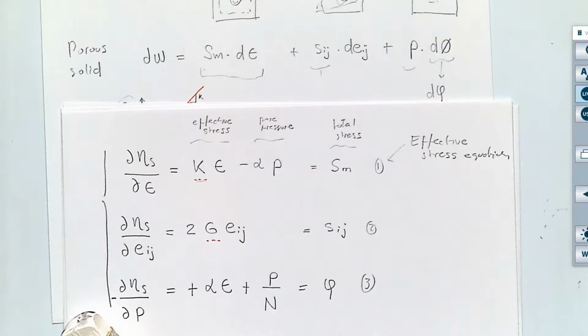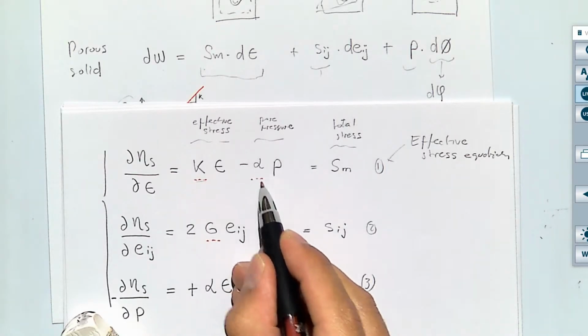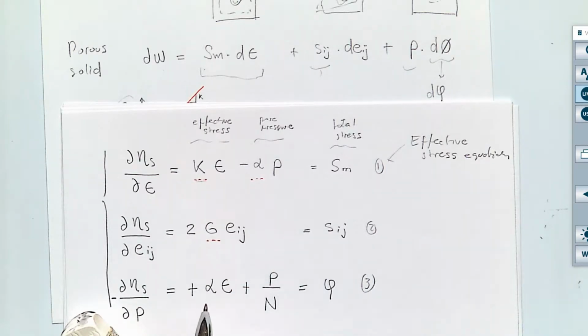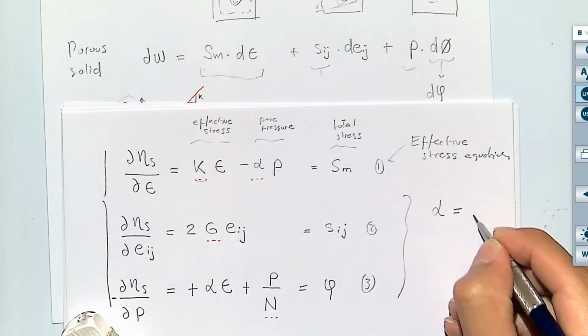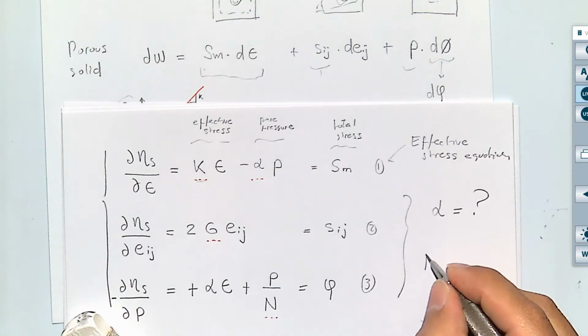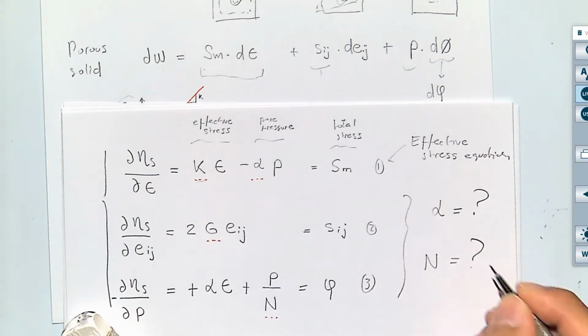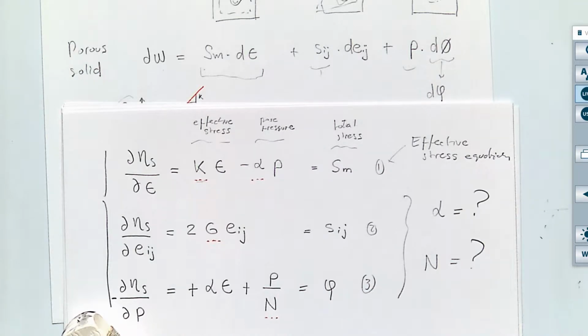But look at the new variables. We have alpha. And alpha is again here. And this is the pressure, this is a P. And we have N. Those are properties of the materials, and that's what we would like to know now. What are alpha and what are N? I'm going to give you an advance about this, a preview.